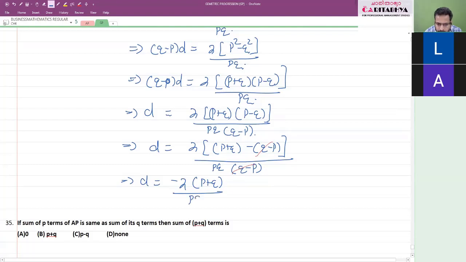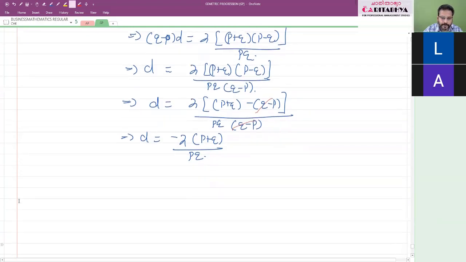So D is equal to minus 2 into P plus Q divided by PQ.